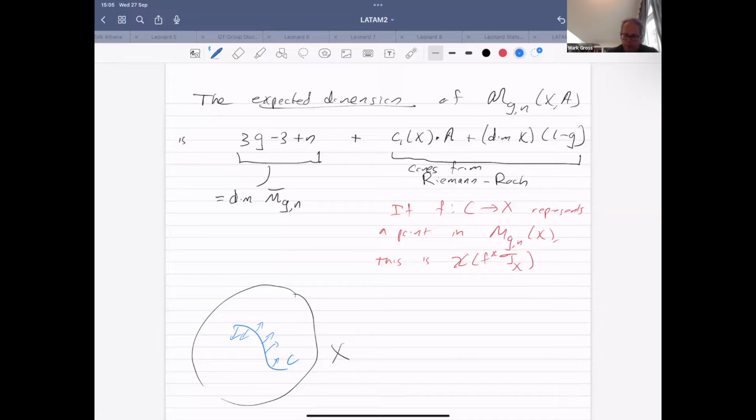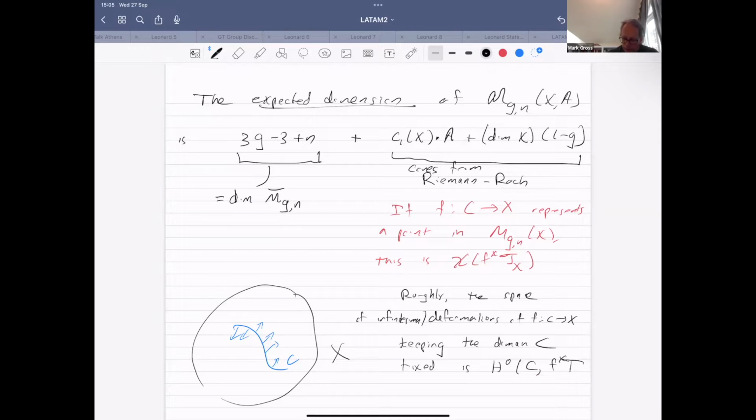So roughly, the space of deformations of f from C to X, keeping the domain C fixed, or maybe I should say the space of infinitesimal deformations, is the space of global sections of the pullback of the tangent bundle. So that's holomorphic vector fields along C.